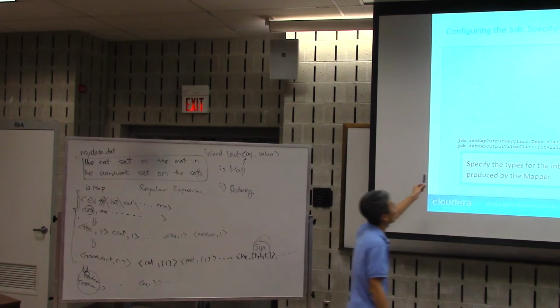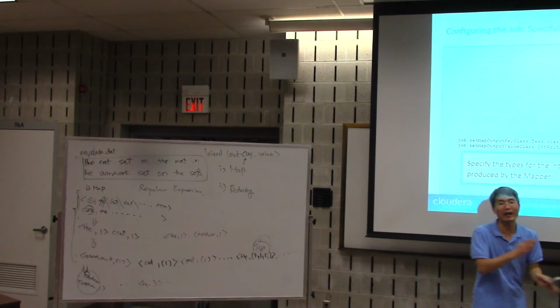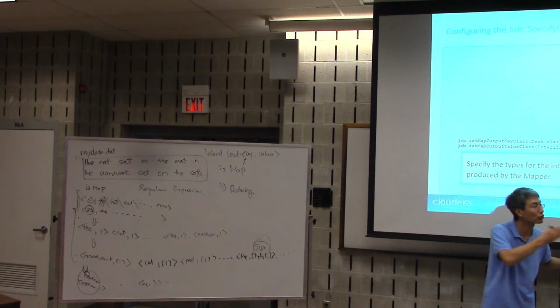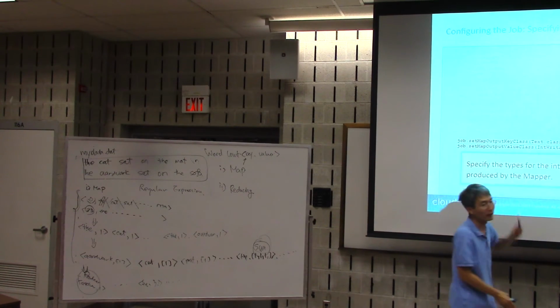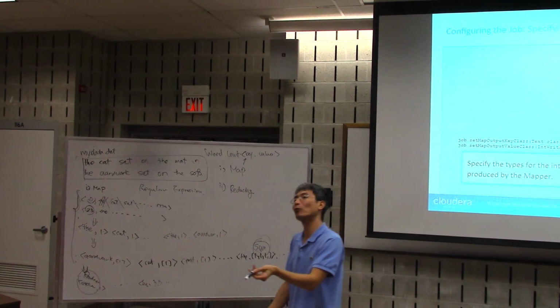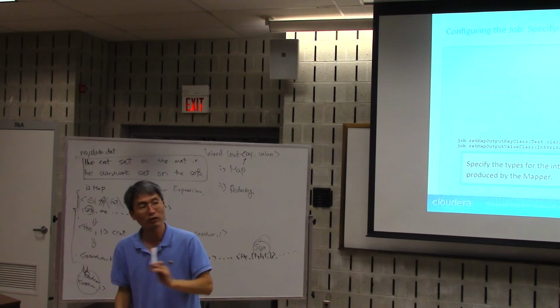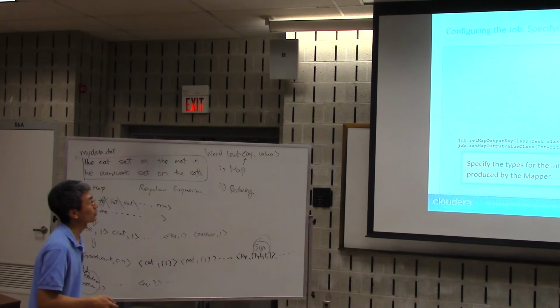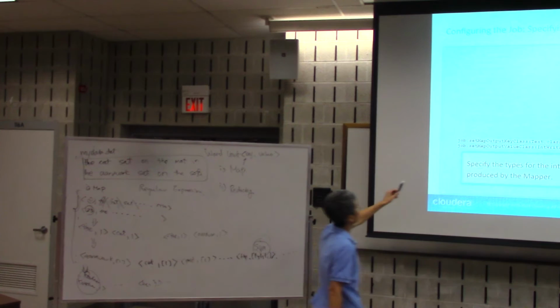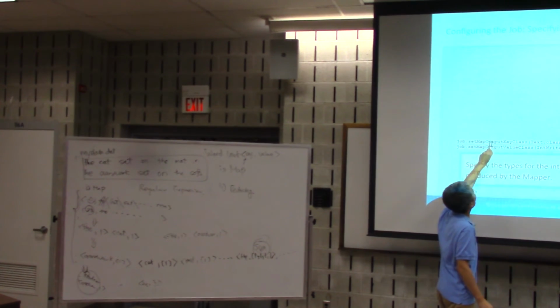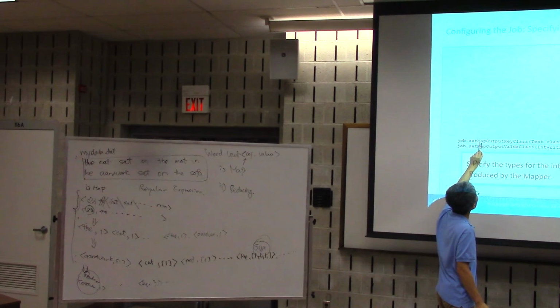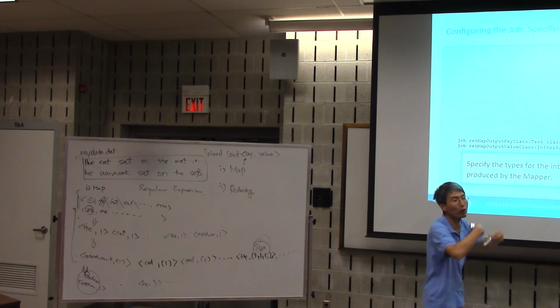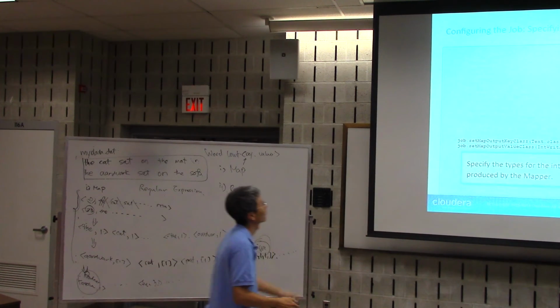So this file type should be the same as the others. You should specify the data format, and this will be the input of the reducer, so it should be matched. Don't be confused: set map output means the mapper's output, that means the intermediate.